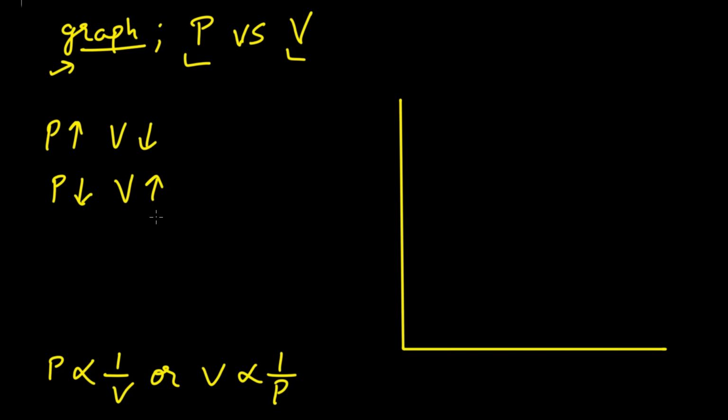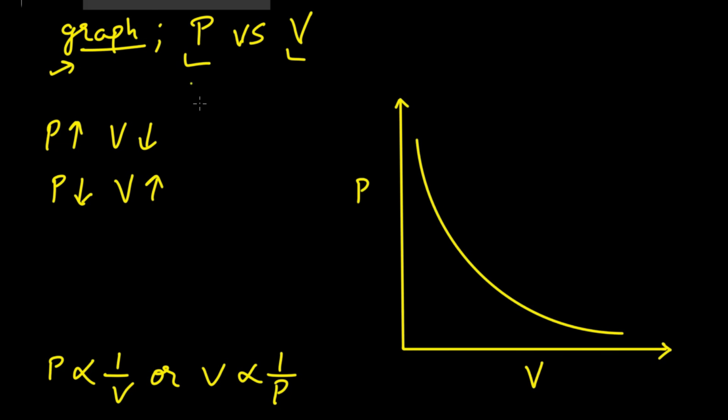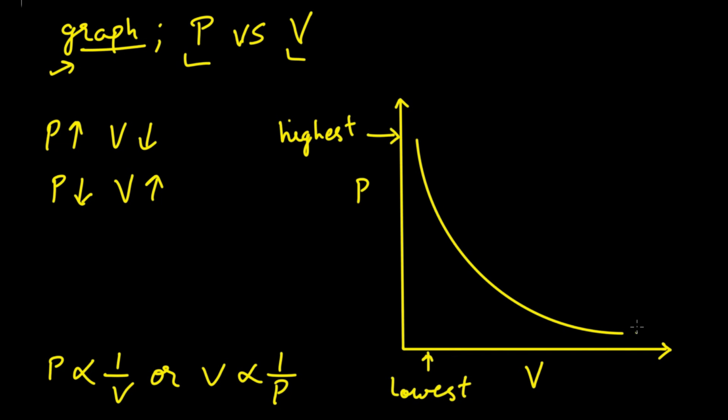Now we will draw the graph and you will find that the graph is like this. After looking at the graph, you can see at this point pressure is highest. Look at the volume. The volume is lowest. Now, volume is highest at this point.